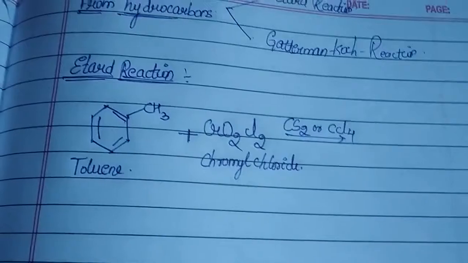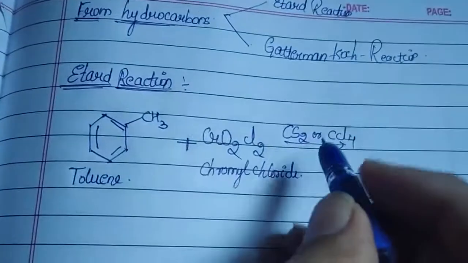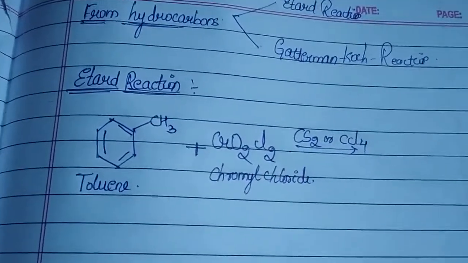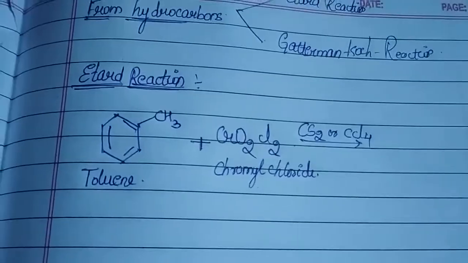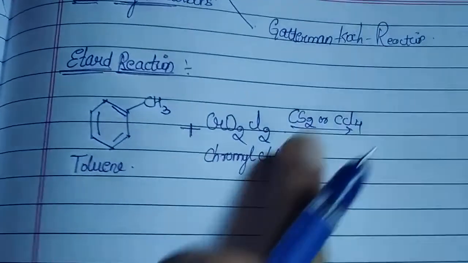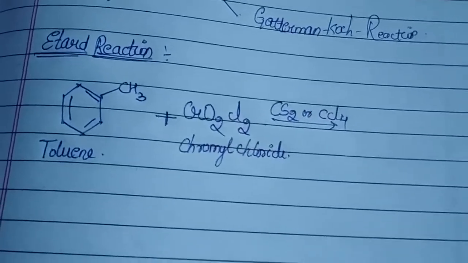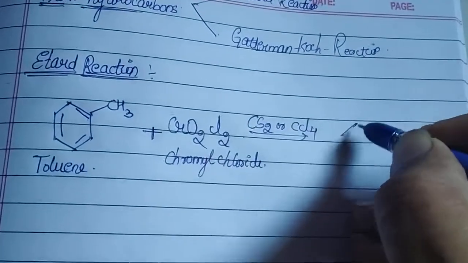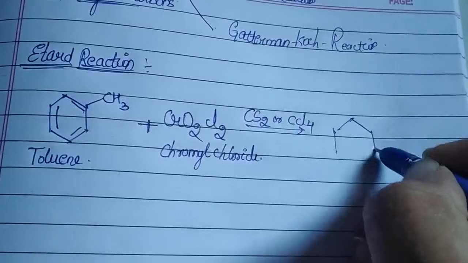So we are not taking water as a solvent, instead we are taking carbon disulfide or carbon tetrachloride as the solvent. So what happens here is, when toluene is treated with chromyl chloride in the presence of carbon disulfide, basically first you will be getting a chromium complex.